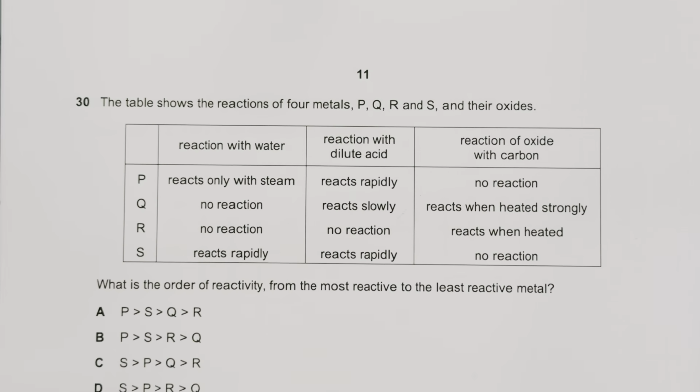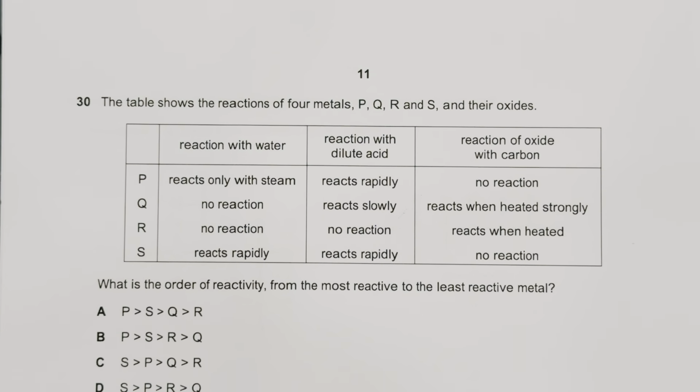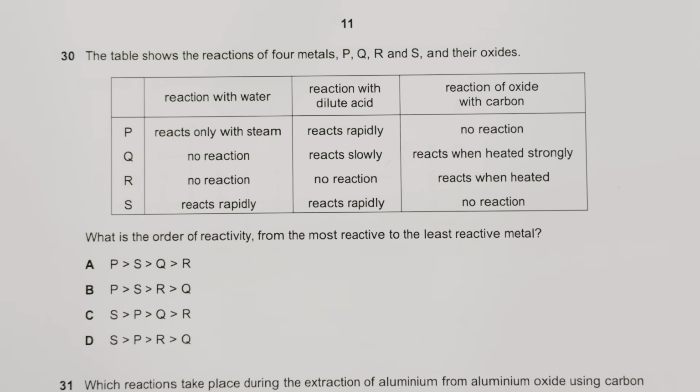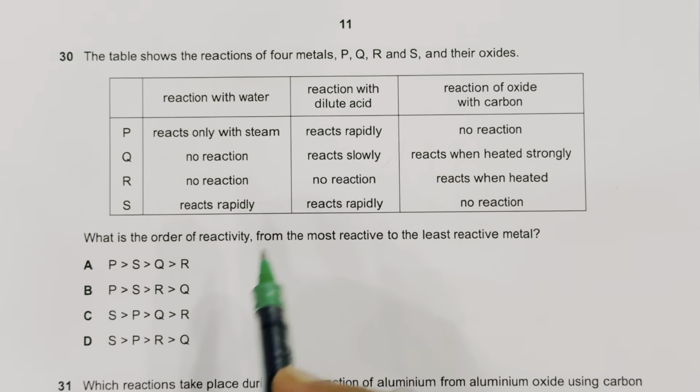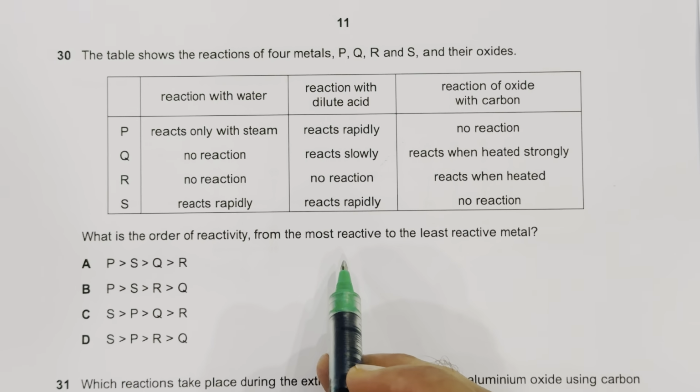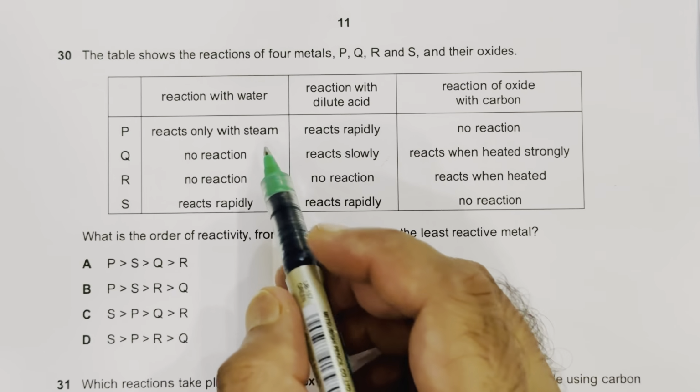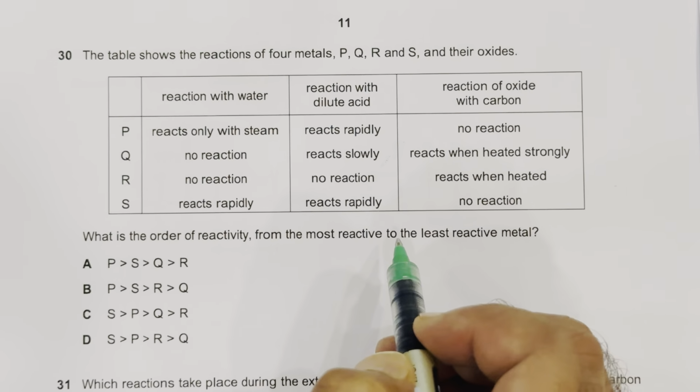So moving to question number 30. Question number 30 is that the table shows the reaction of 4 metals P, Q, R, S and their oxides. Reaction with water. Which order of reactivity is from the most reactive to the least reactive? So reaction with water, most reactive to the least reactive.